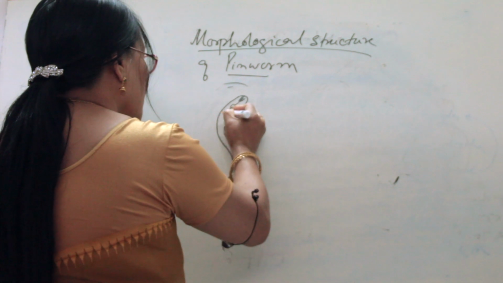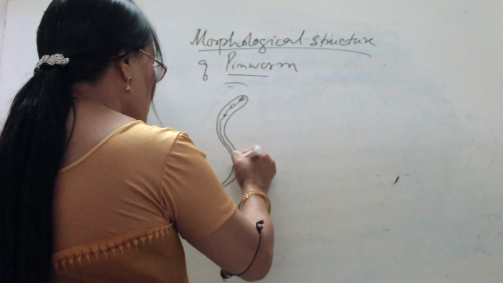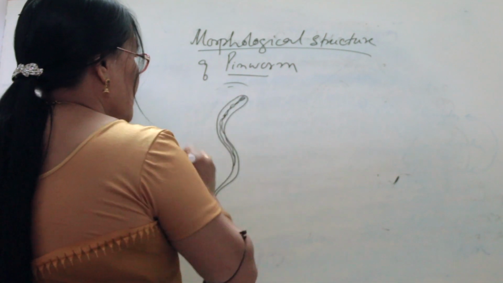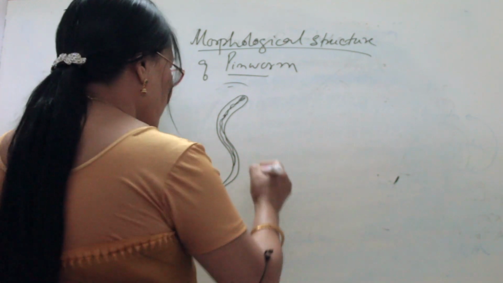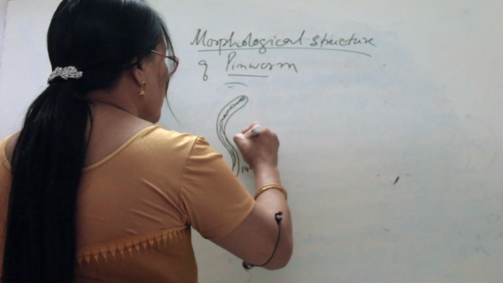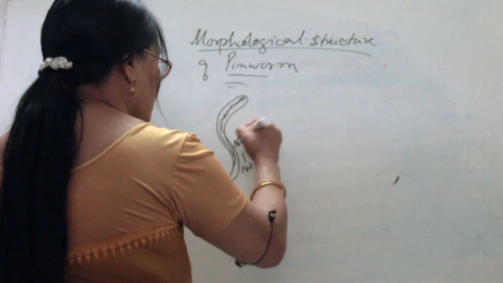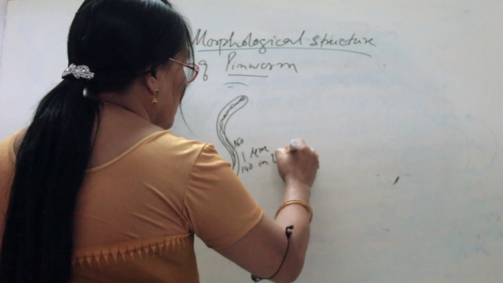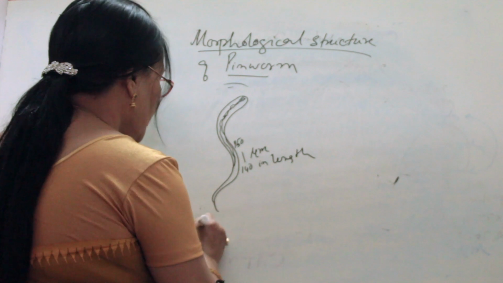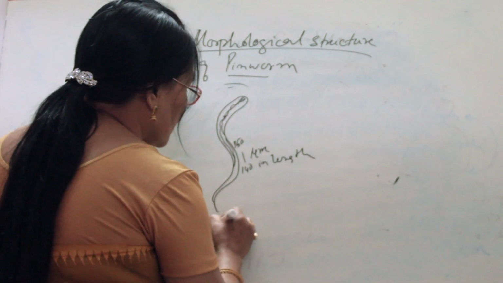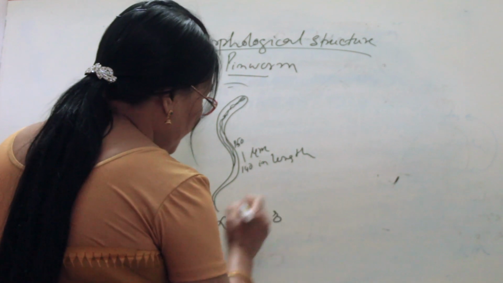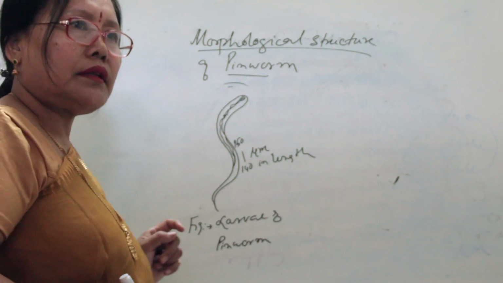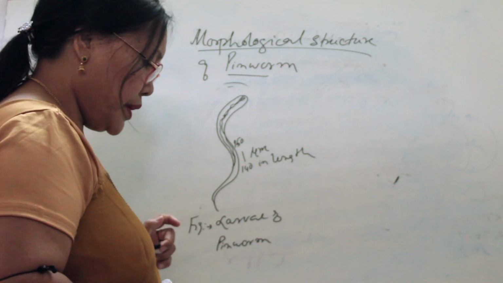Different structures are present inside the developing stage larva. This is the esophagus, and this is about 140 to 150 micrometer in length. Figure: larva of pinworm, which usually develops in the small intestine of human beings.